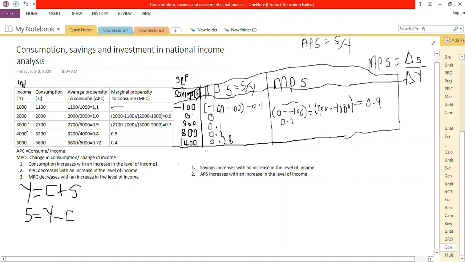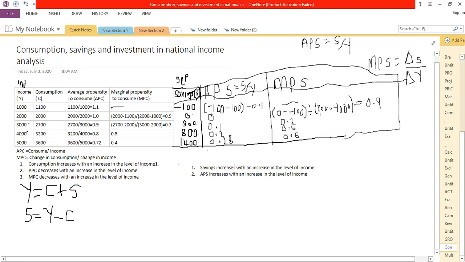Next, we have 800 and 300. That will give us 0.5 because the income is changing by 1,000. And finally, 1,400 and 800 will give us a difference of 600. The income is changing here by only 1,000, so we have 0.6. What are we able to determine when we relate the MPS to the level of the income?